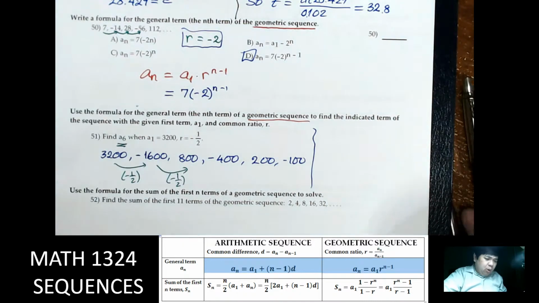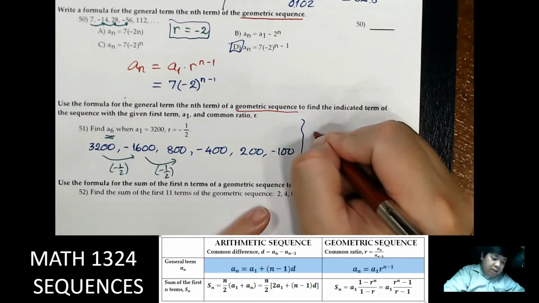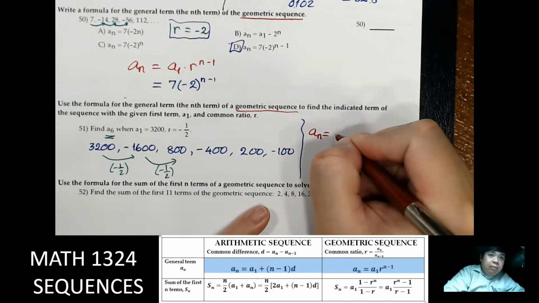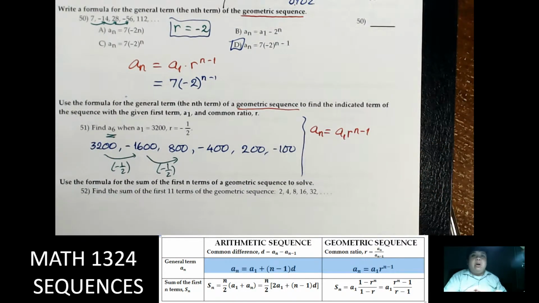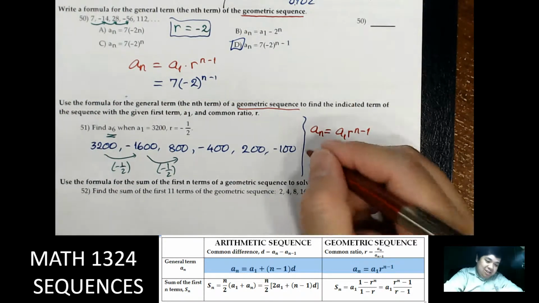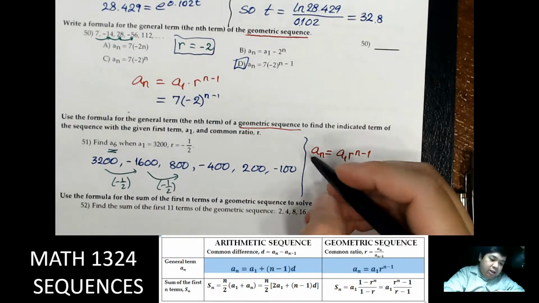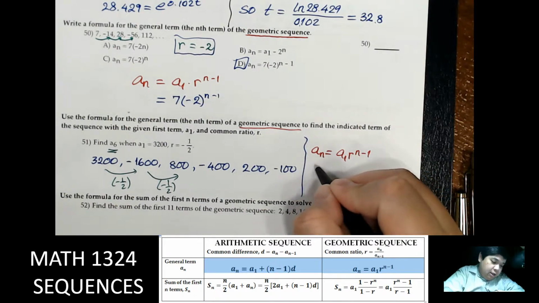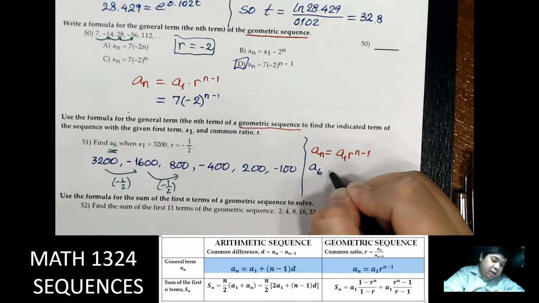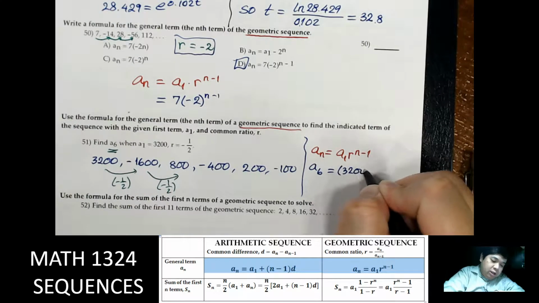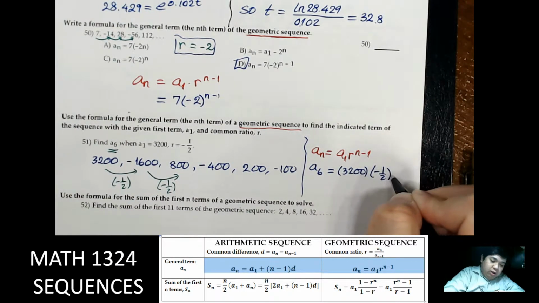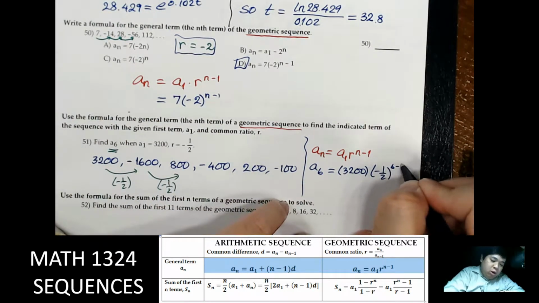Alright, we do know the formula for the general term though. It is a1 r to the n minus 1. Once again, the formula is on that side. So just put everything in. n is 6. a1 is 3200, -1/2 to the 6 minus 1.